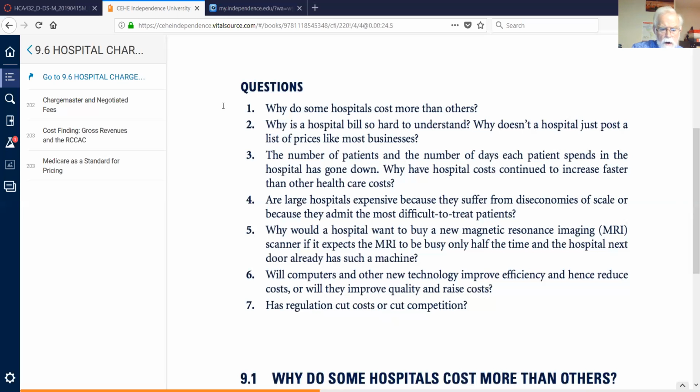Remember that when we have insurance, when we have other third parties, and about 95% of all of these things are paid by third parties, there's no incentive for the patient to go shopping. You don't go looking for the cheapest hospital. You don't go looking for the cheapest surgeon for obvious reasons. You want people that are the best to be messing around with you and your health and your body and cutting into you and other things like that.